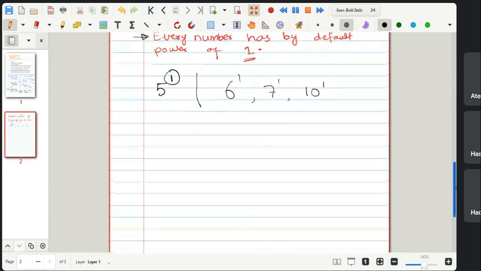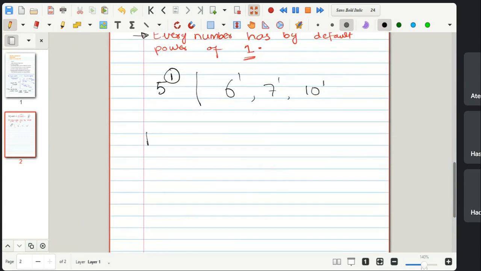So we are talking about the power of number. I told you that if any number is written in its simple form, then by default the power is 1. But what do we say if we have a number like 2? Let me write that 2 in a simple way.